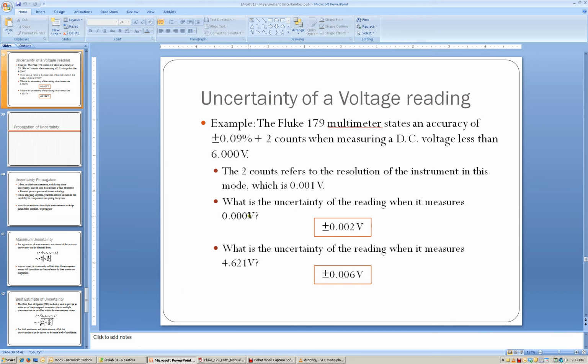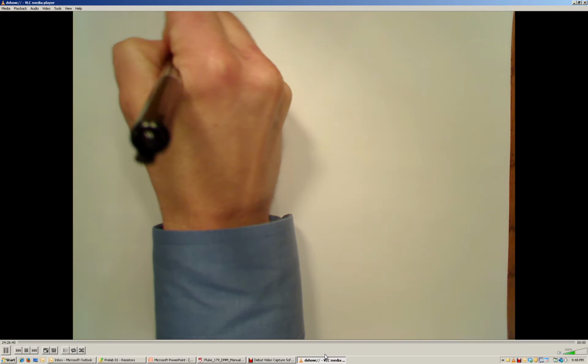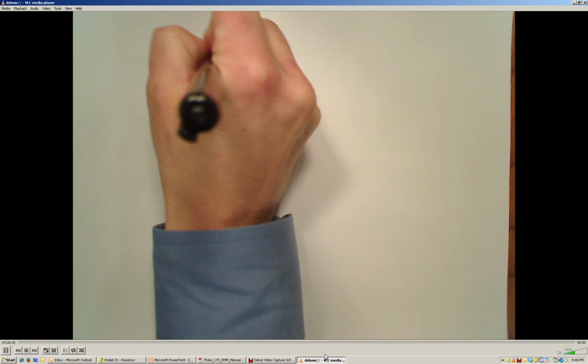Similarly, if we were to look at the uncertainty of the reading when it measures 4.621 volts, we would apply a similar calculation. Okay, so again, we assume that we have a reading of 4.621 volts. That's going to be our nominal output, right?